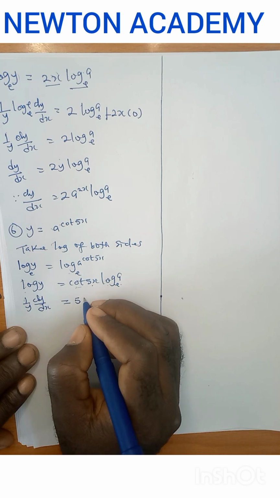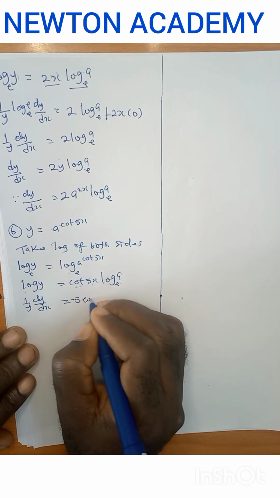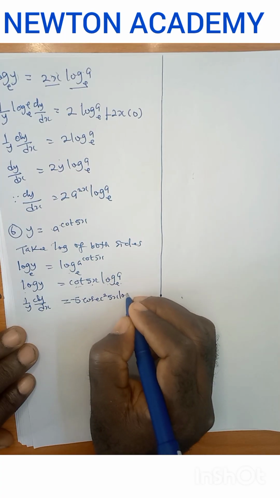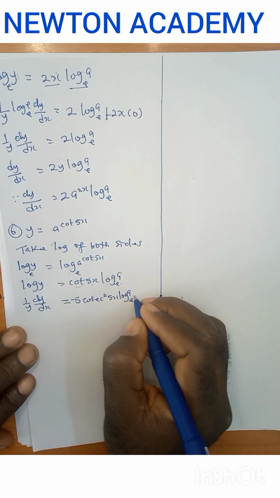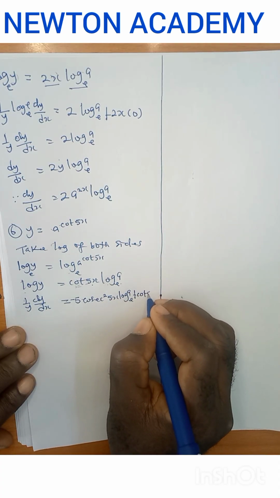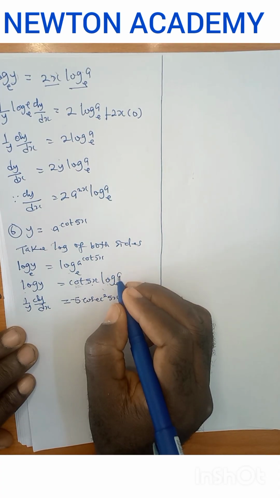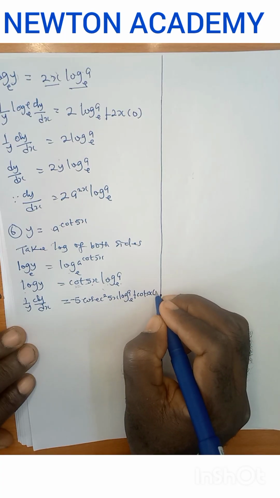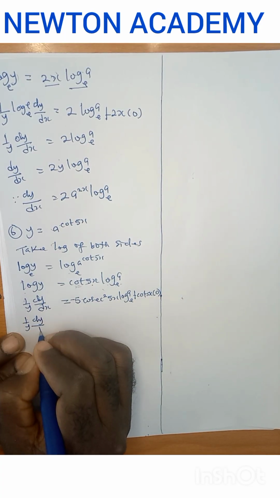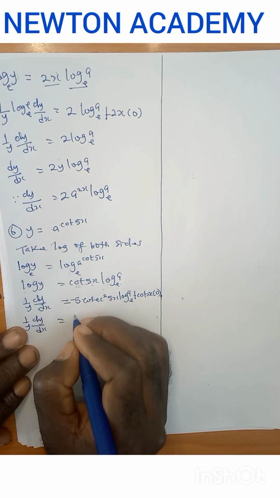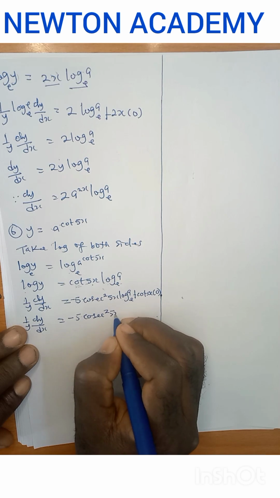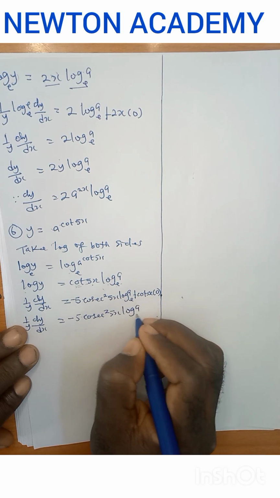Differentiation of cot will give us minus cosec squared 5x, log a base e. Now plus, keep cot 5x constant. Differentiation of log a base e, since it has no x function, will be 0. Then we have 1 over y dy/dx is equal to minus 5 cosec squared 5x log a base e.